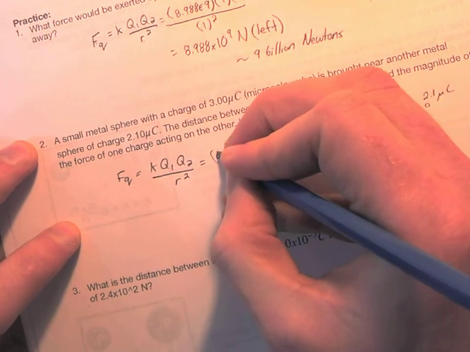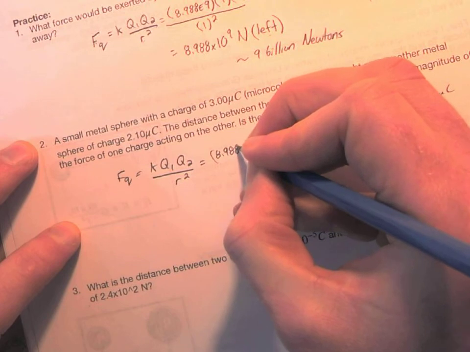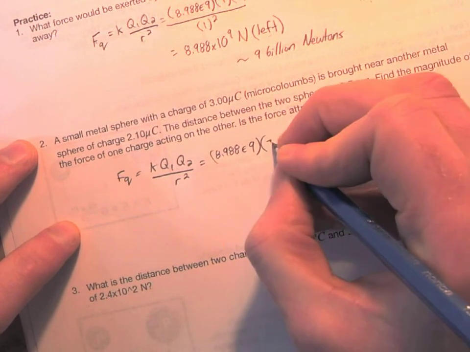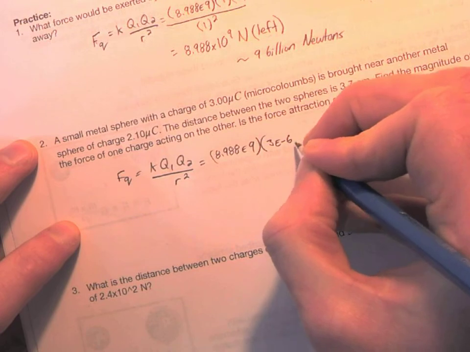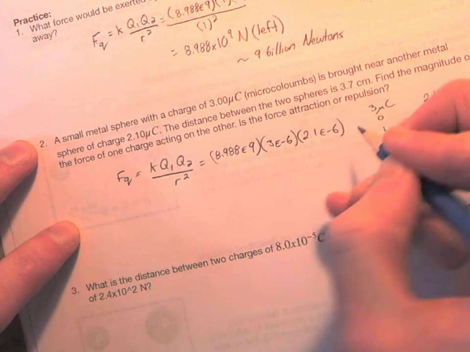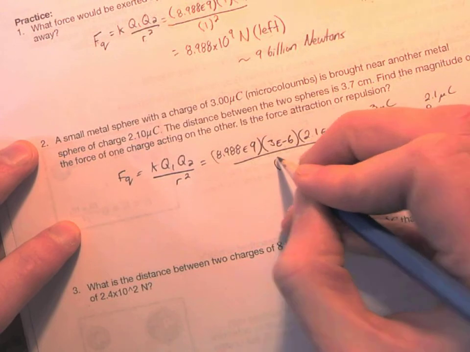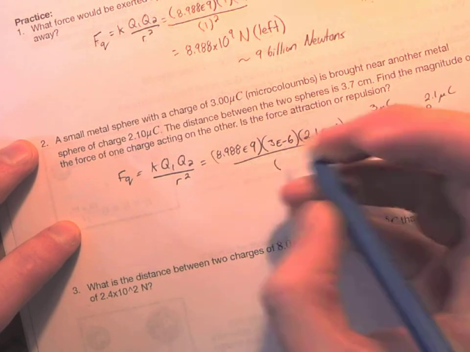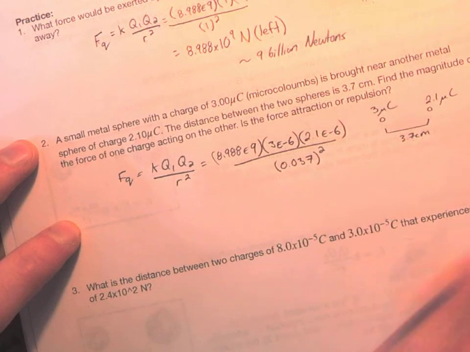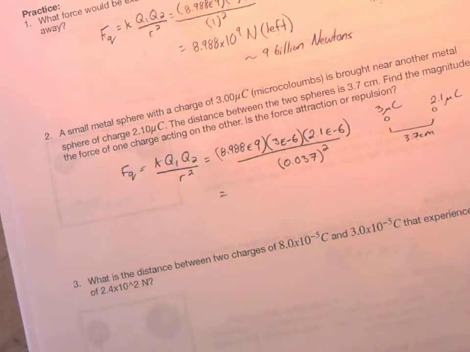K is 8.988 e to the 9. Our charge 1 is 3 microcoulombs, which is 3 e to the negative 6. Then this is 2.1 e to the negative 6, all over the distance between them, which always has to be in meters, so it's 0.037 meters squared. We type that all into our calculator.